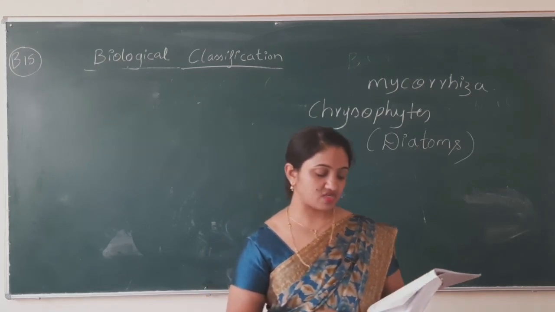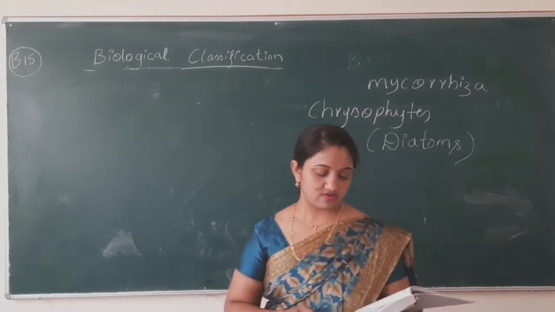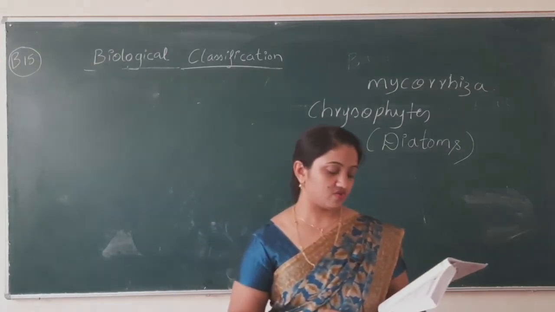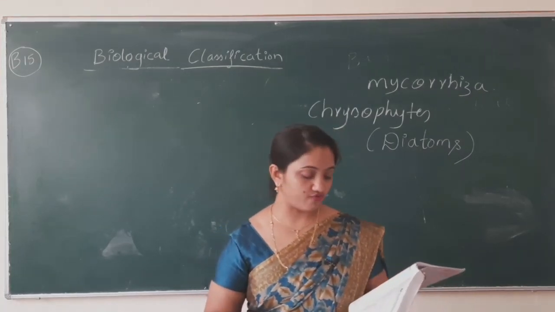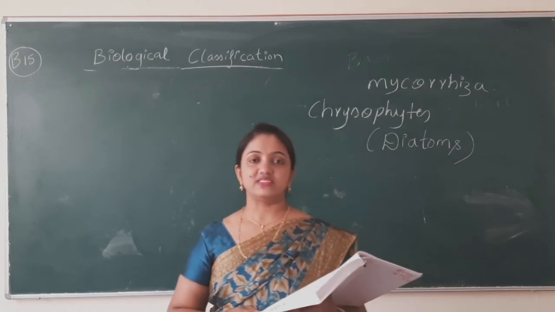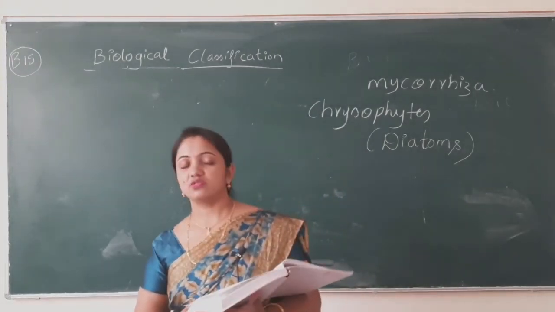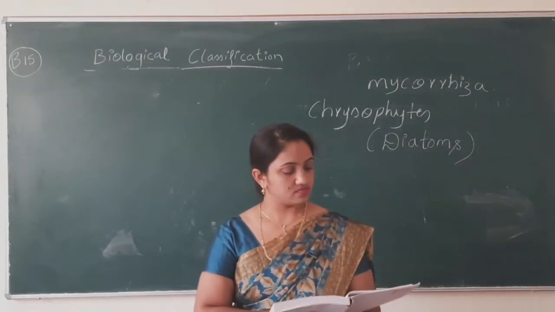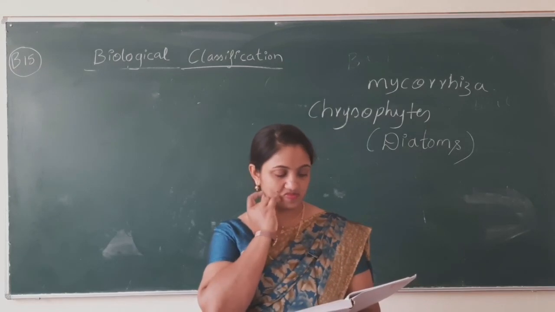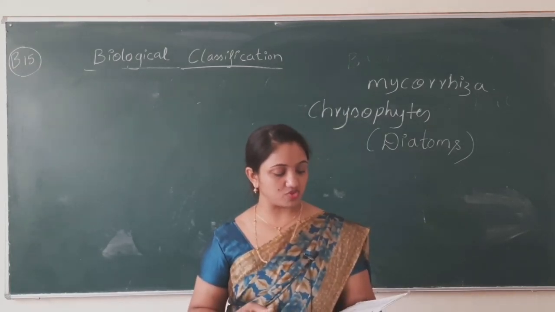Mention the methods of reproduction in bacteria. The answer would be fission, spore formation, transduction, and conjugation. Name the flagellated protozoan and the ciliated protozoan.